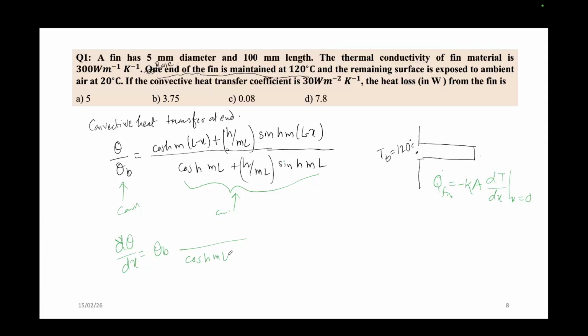Cos h ml plus h by mk sin h ml, this constant I can write. So tell me what is the derivative of this one?